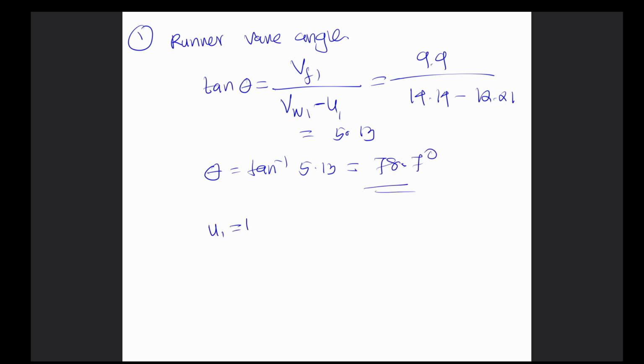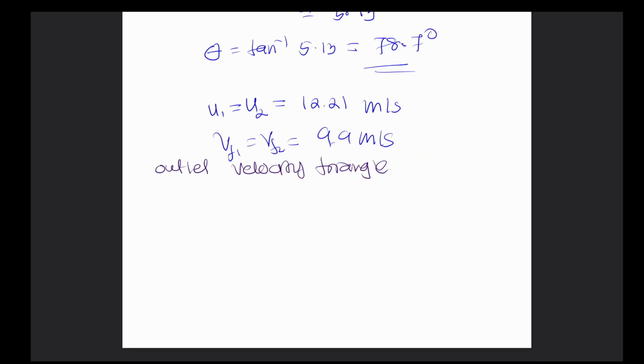And since U1 will be equal to U2 in case of Kaplan turbine, that means it is 12.21 meter per second, and Vf1 equal to Vf2, it is 9.9. After getting this value, we can determine the outlet velocity triangle. Just use the figure, the velocity triangle for moving plate that I have drawn in the above section, so you will get to know how we are using this formula.